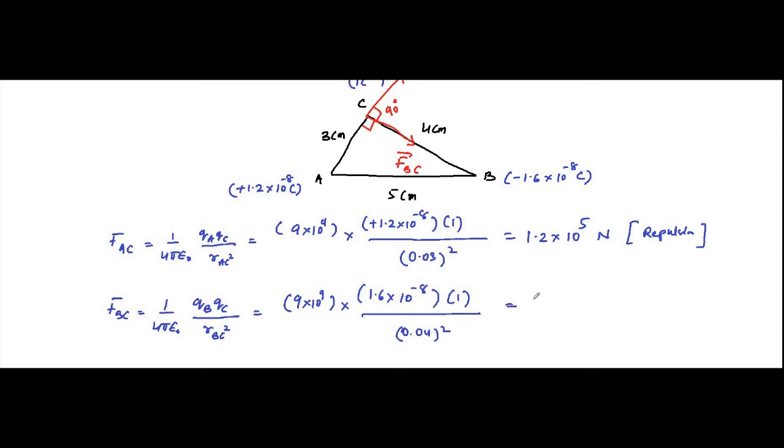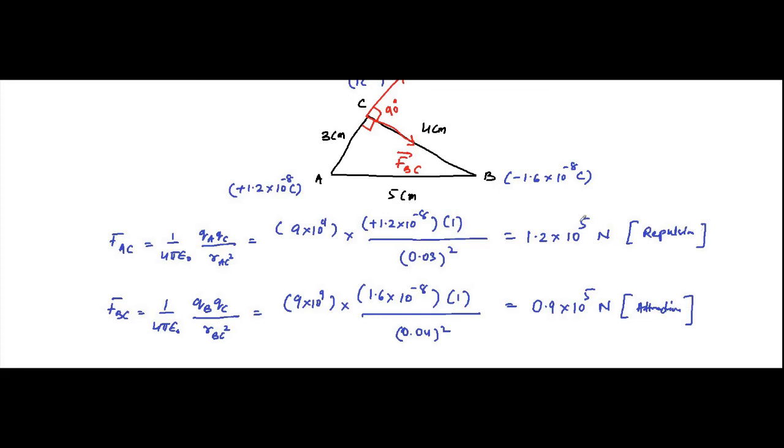So if we calculate, it is coming around 0.9 into 10 to the power 5 Newton. This will be an attraction type force. So here minus sign means it is attraction, plus sign means it is repulsion. If we don't put this sign here, we are just determining the magnitude. For direction, we will write in the bracket attractive type force, this is repulsive type force.